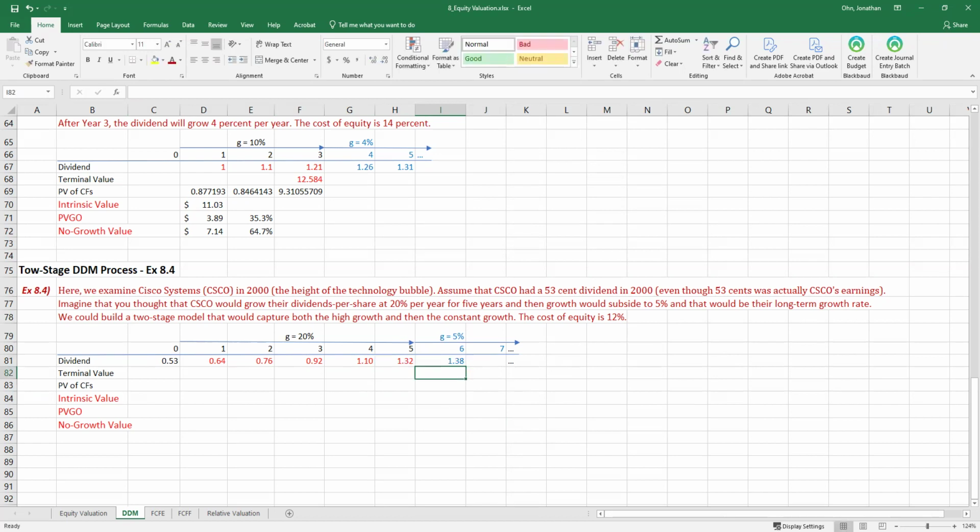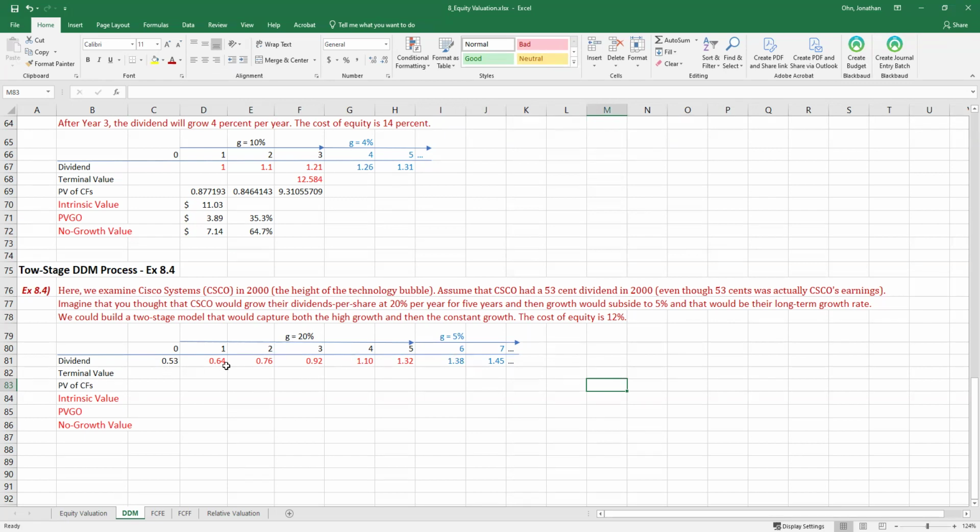That's it. And then the same thing for the next year. So copy and paste. This is the dividend cash flow pattern. The first 5 years, it will grow at a high rate of 20%. After that, it's a stable rate of 5%. That is the Cisco Systems prediction estimation.